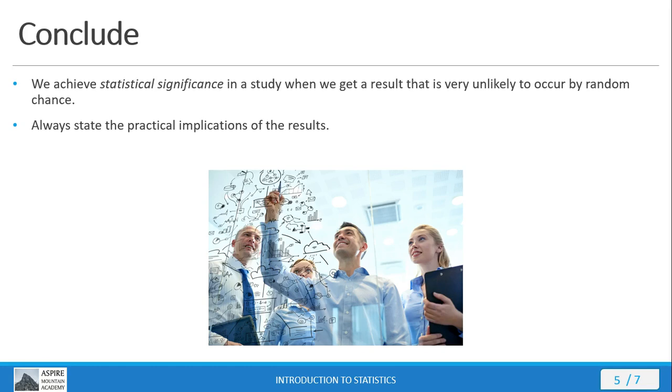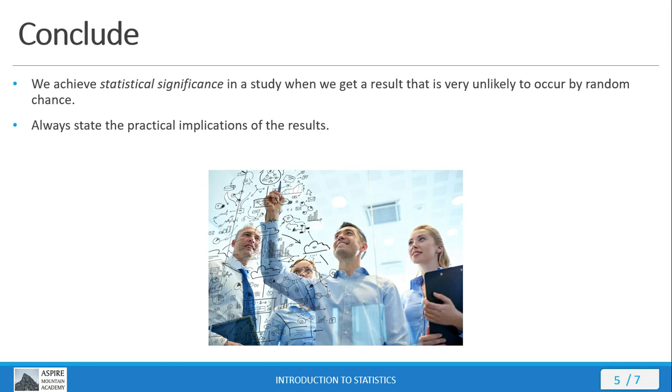Regardless of your results, however, you always want to declare the practical implications of your results. Many of those who are most interested in your results are decision makers within a company or organization. They need to make a decision, often quickly, but want to base it first on the results of your study or experiment.